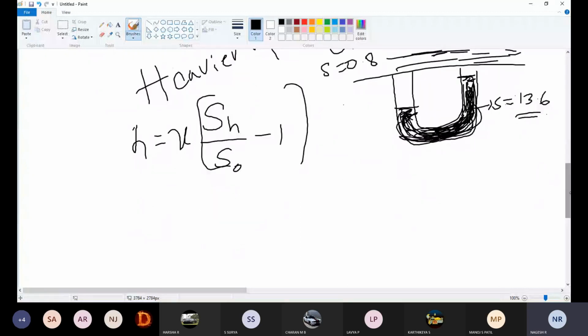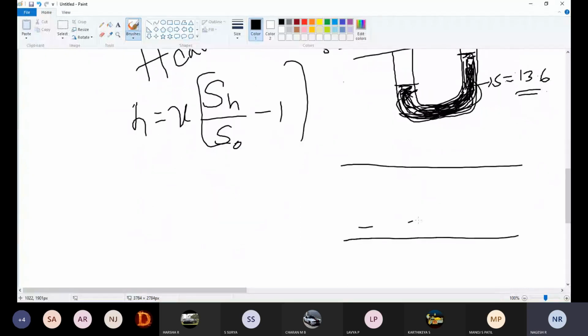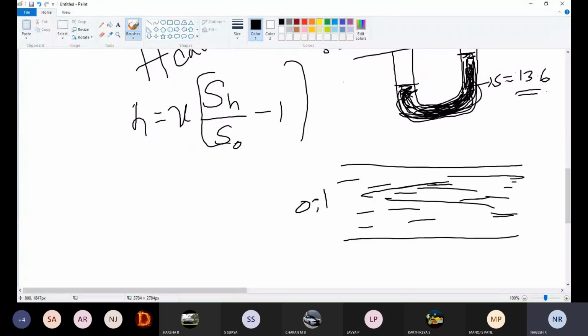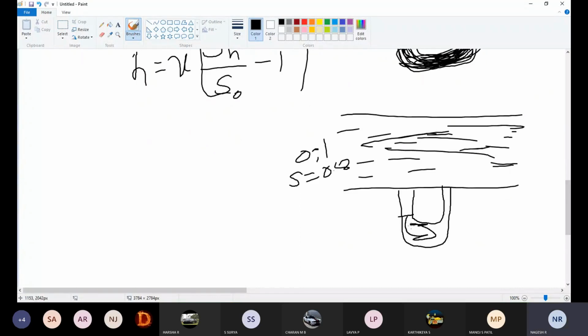Suppose I take one more here. Okay, here the same oil is flowing, with S is equal to 0.8. But over here, the water is there in the manometer for measuring the pressure. So now, is it related to heavier liquid or lighter liquid? Lighter liquid.